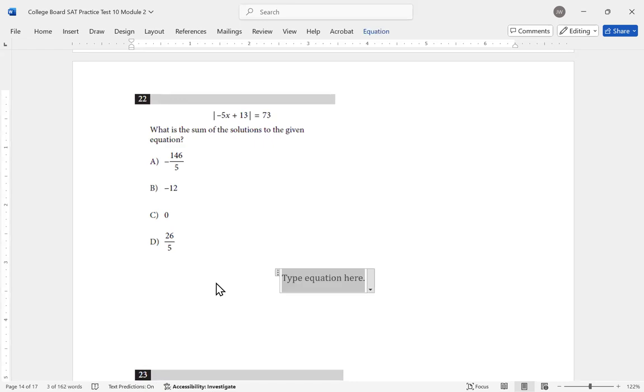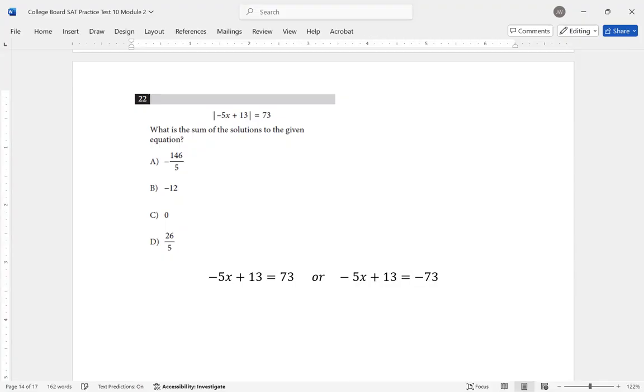If we know anything about absolute value, that means this negative 5x plus 13 could have been a positive 73, or negative 5x plus 13 could have been a negative 73. And so it's our job to solve for each of these.